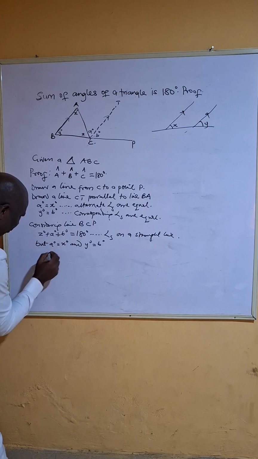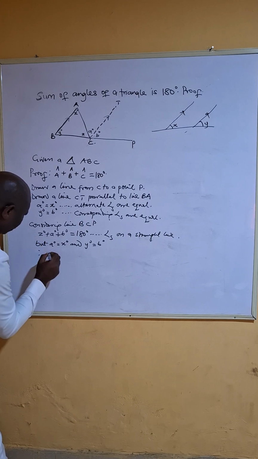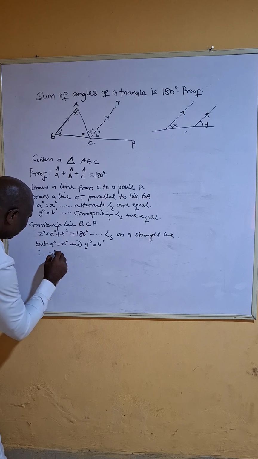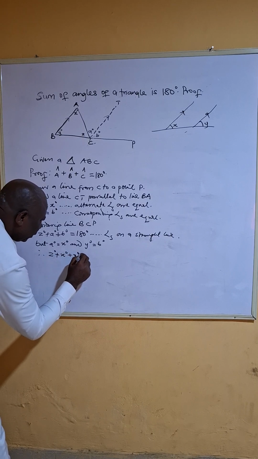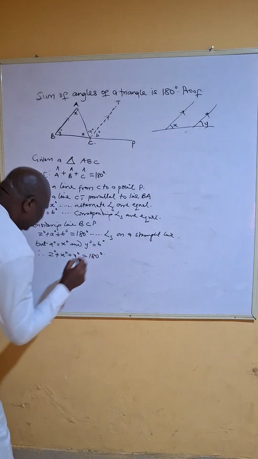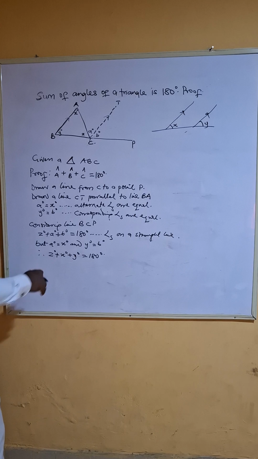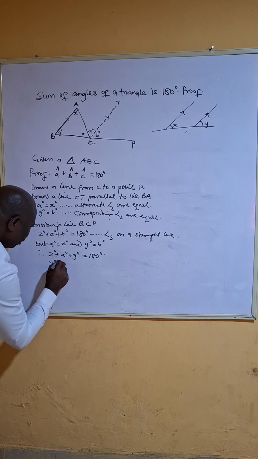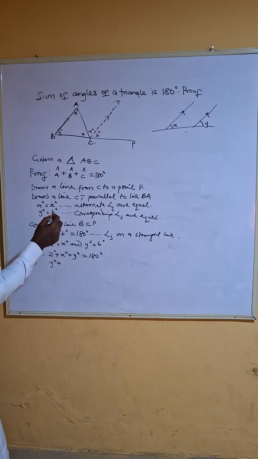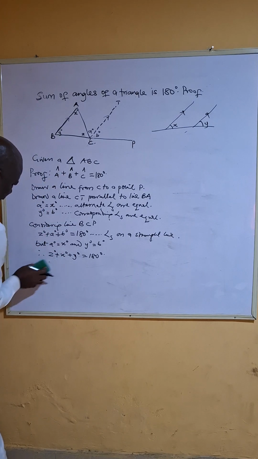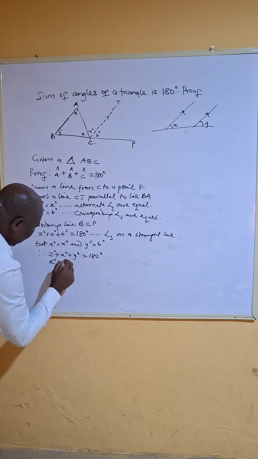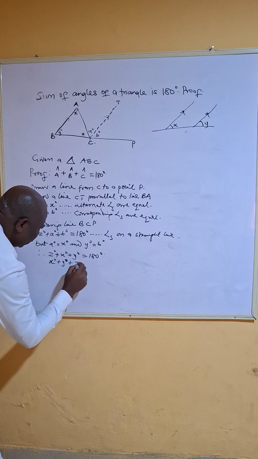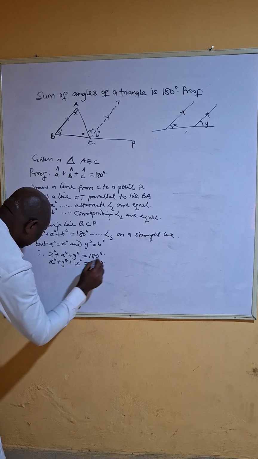Therefore, z degrees plus x degrees plus y degrees is equal to 180, which we can rearrange as x degrees plus y degrees plus z degrees is equal to 180 degrees.